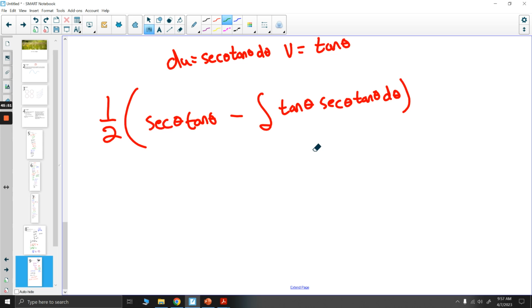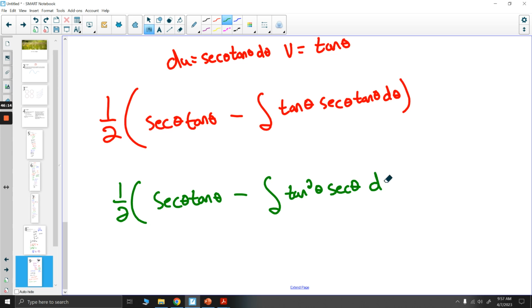The derivative of tangent is secant squared. The derivative of secant is secant tangent. So basically, we have 1/2 times secant theta tangent theta minus the integral. We can write this as tangent squared theta secant theta d theta.